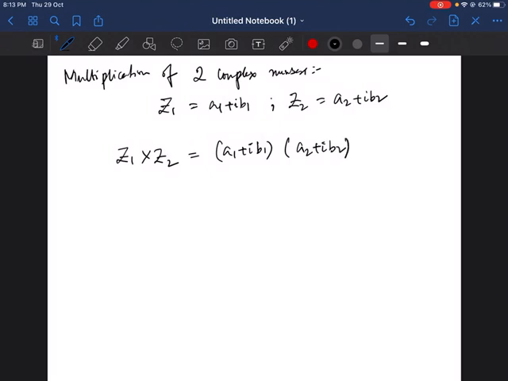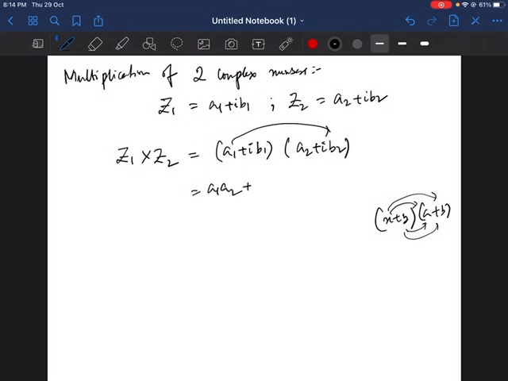So it's just simple multiplication. How we used to multiply x plus y and a plus b, just like that. First you multiply x with a, then x with b, then y with a, then y with b. The same way we will multiply in here. So a1 into a2, then a1 into b2.